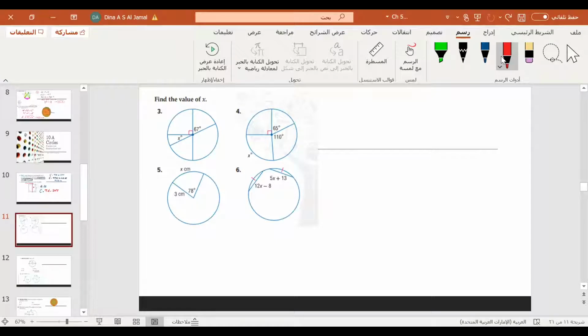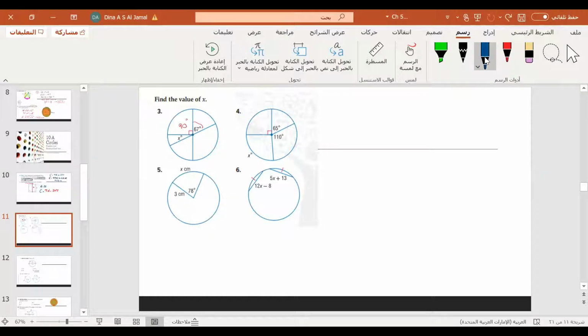3, 4, 5, 6, they want you to find the value of x, but each case will be different. So let's look now at this circle. First of all, he gave you the measurement of this angle in an indirect way as a right angle. That means you know that this measurement is 90. And he gave you this measurement to be 67.